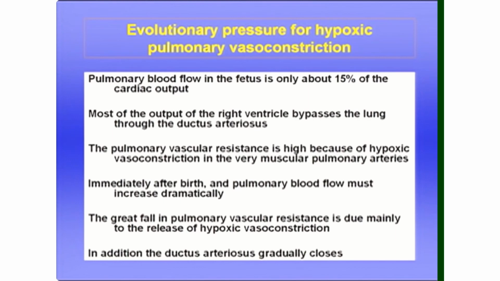There's also an increase in lung volume, which is thought perhaps to play a role as well. But the most important factor is the release of hypoxic vasoconstriction. In addition, the ductus arteriosus gradually constricts and tends to reduce the amount of blood that can be shunted through the ductus arteriosus. So those are very dramatic events. They're critically important in the transition from the fetus to the newborn baby. And I believe that is the main evolutionary pressure for the hypoxic pulmonary vasoconstriction.